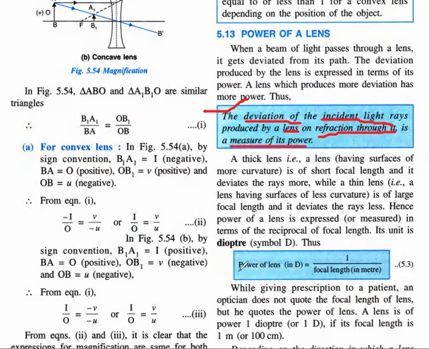The power of the lens is 1 by f, with f in meters. In meters is very important. Don't forget. If you write the focal length in centimeters, like 15 centimeters, you'll be wrong. So I'm just helping you guys.